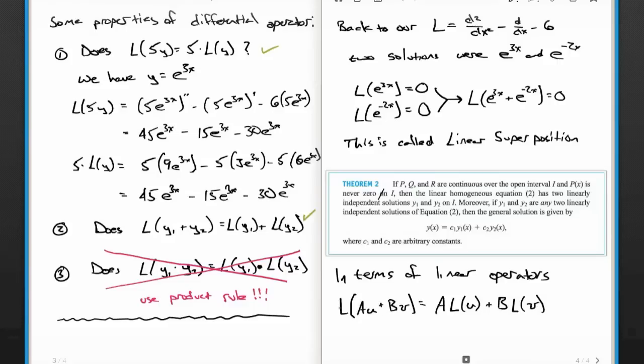Okay, that uses these two rules over here that we can treat a linear operator just like we treat a derivative. So let's move on here.